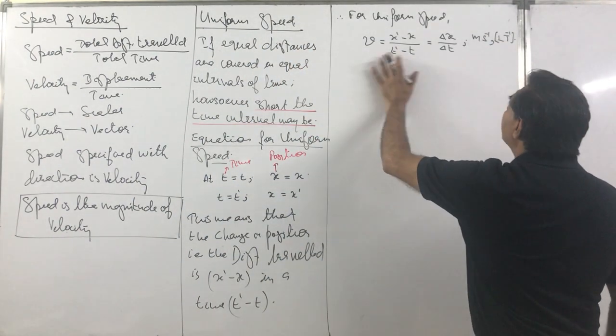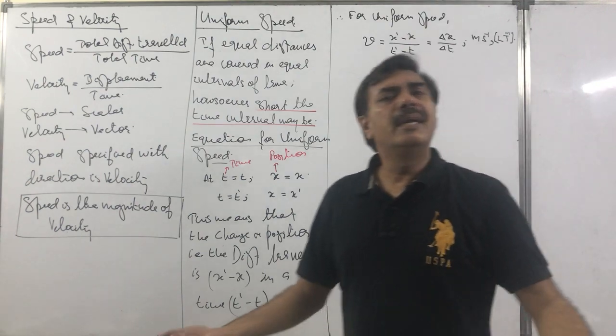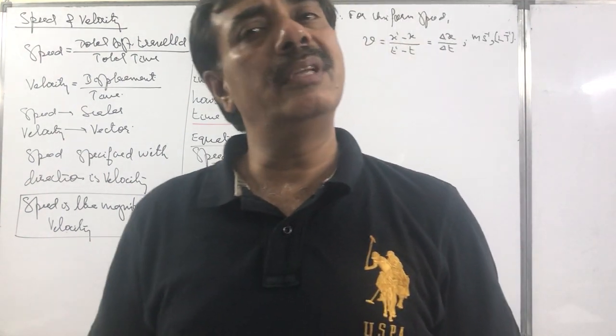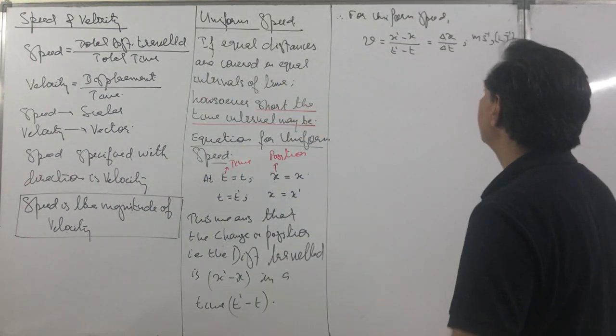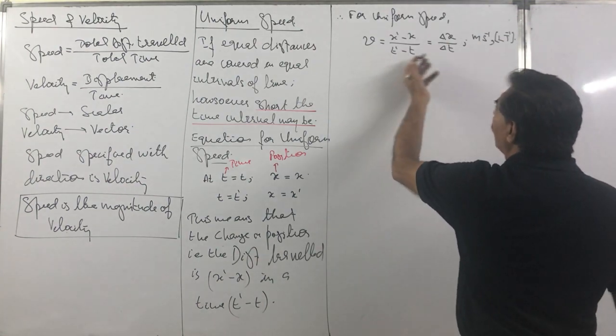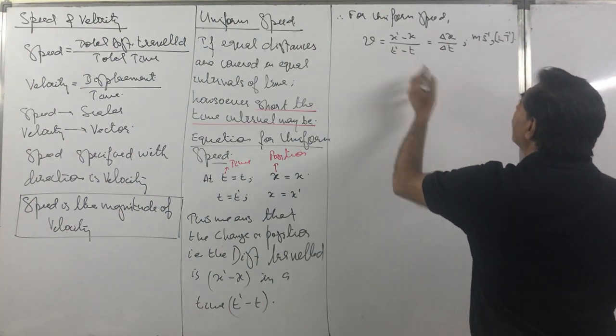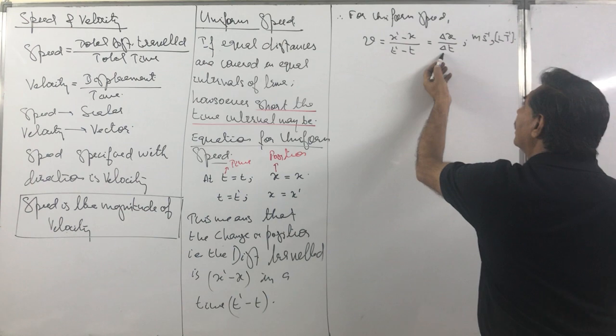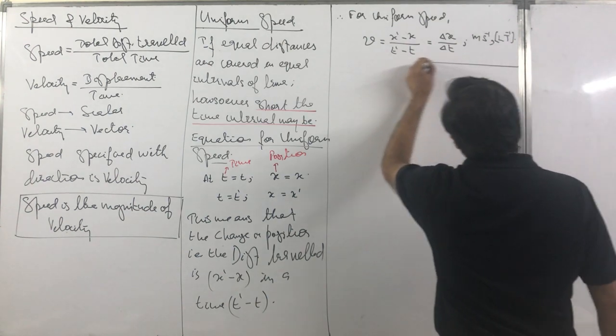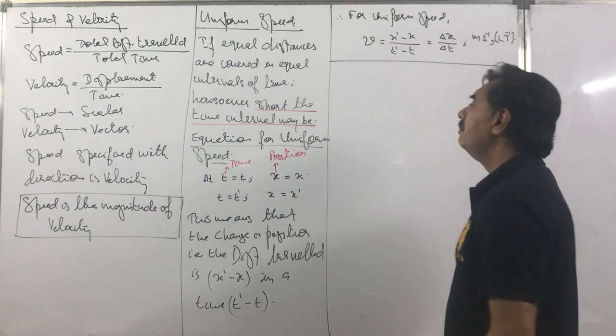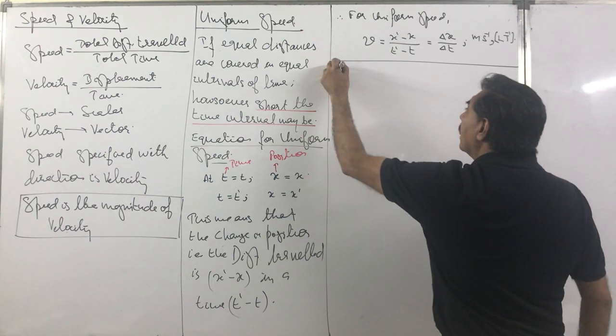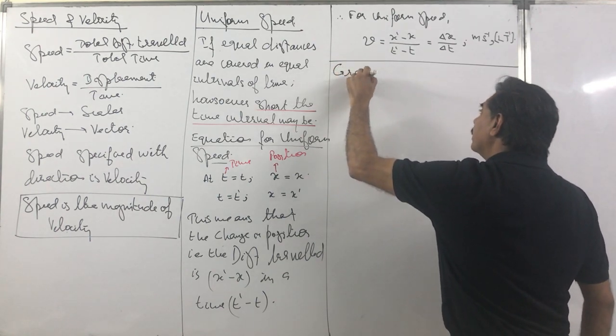So the speed is given by delta x by delta t. Delta x क्या है? Change in position. By change in position we mean distance traveled. Okay. This is an equation for uniform motion. Speed is distance over time. Okay. Graphical representation.